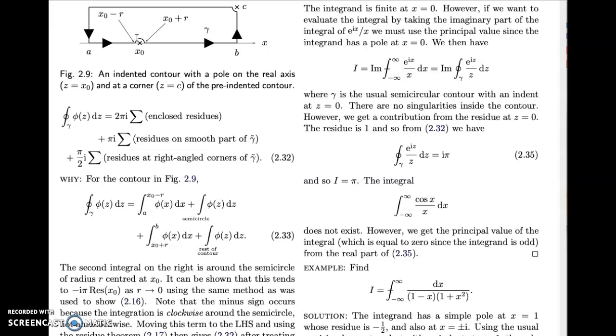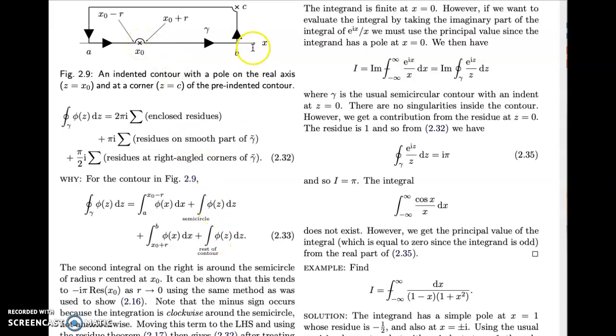And then we're integrating around here. And then we're integrating from just after x0 up to B. Okay, so that's these two integrals here. This integral here will end up giving you the i pi times the residue at x0.